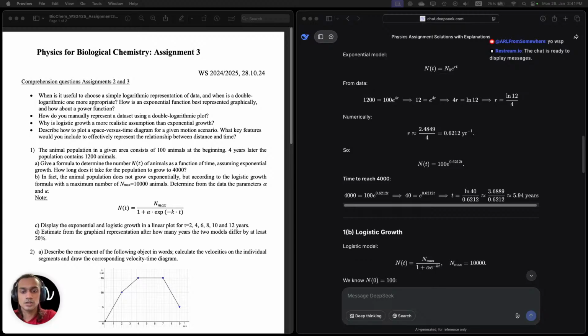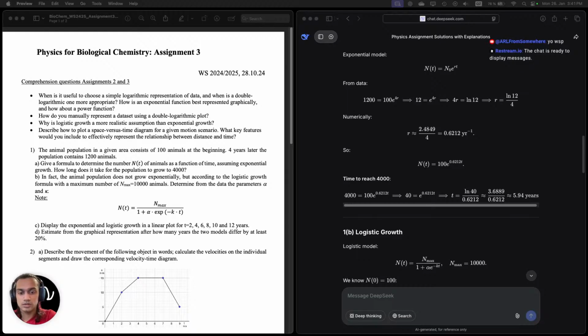Could you write me the exponential equation? It's e raised to rt.